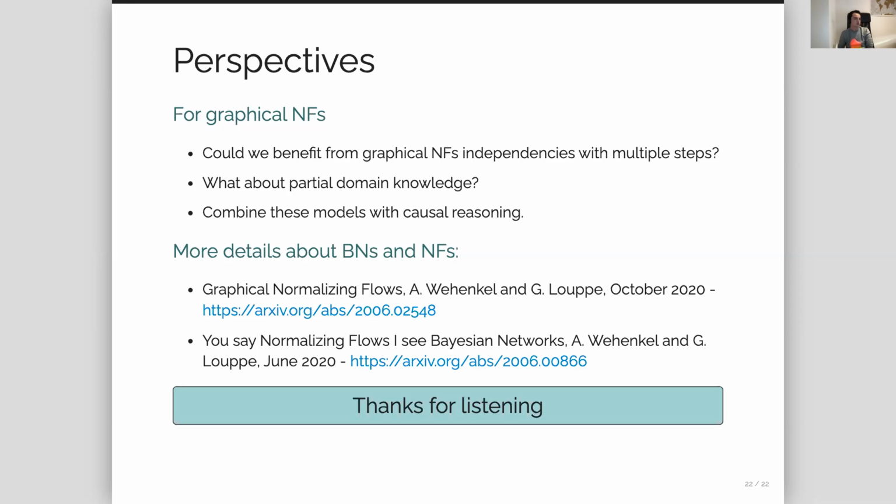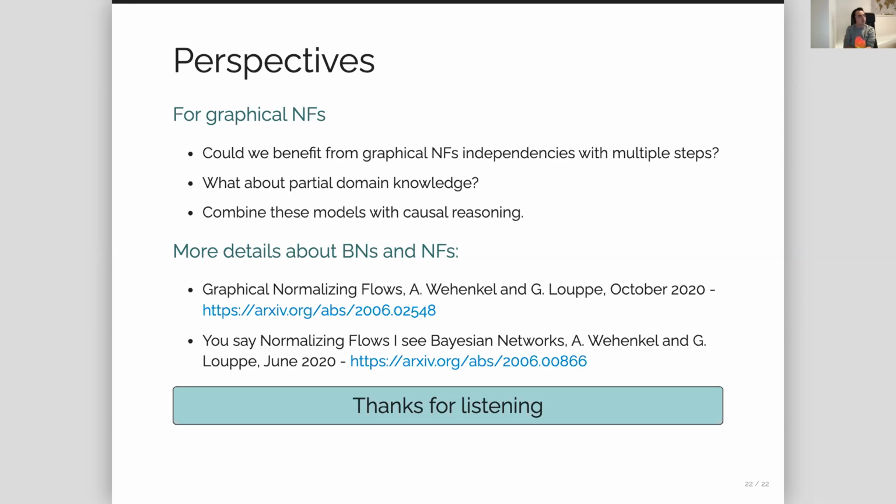Also, how could we maybe handle only a partial knowledge of the independencies? So putting some kind of prior knowledge on the Bayesian networks, but not saying either we know it or we do not know it at all.